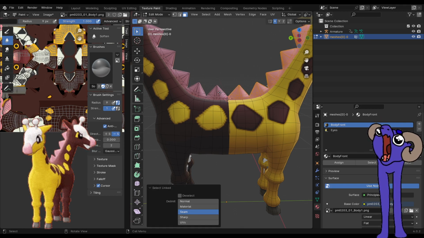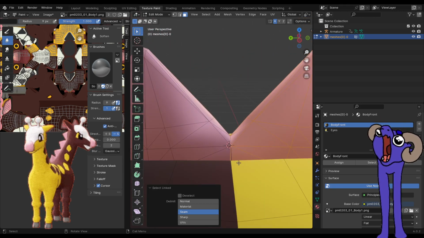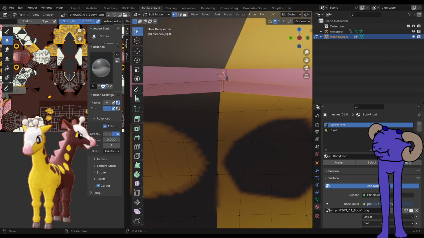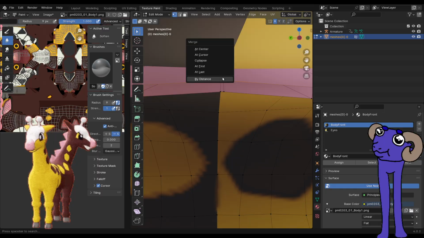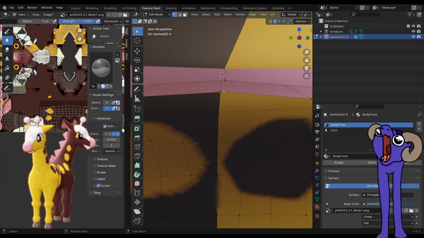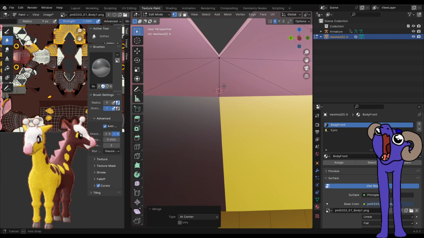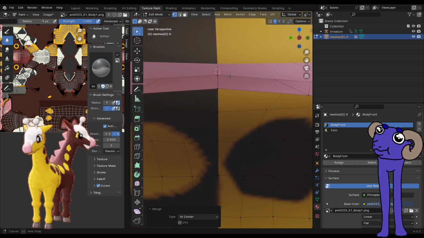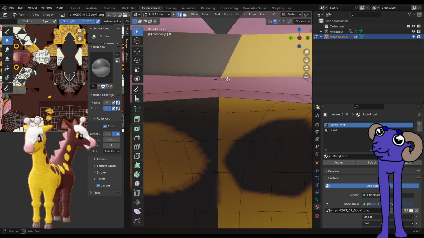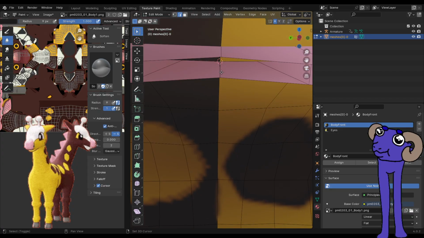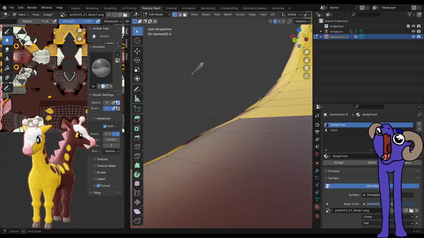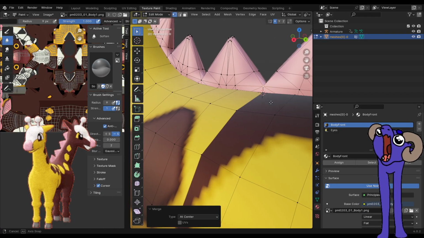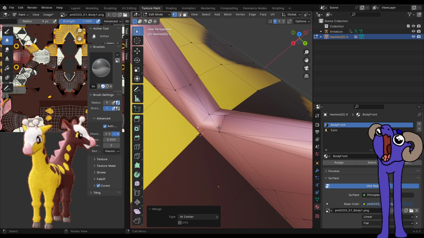These should now be merged into one object. They are not merged into one object. What on earth has happened there? Okay. Merge at center. Merge at center. And you've got these on the other side, merge at center. And then lastly, UV 2.